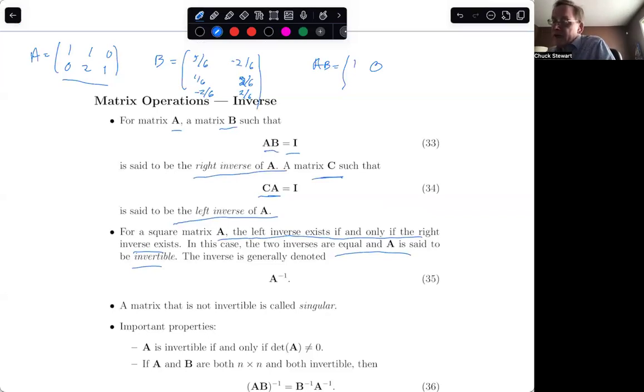The second row of A times the first column of B is 2 sixths minus 2 sixths, so that's 0. And the last row times the last column, we have a 0 there, 2 sixths, so that's 4 sixths, and a 1 there, so that's also 1.